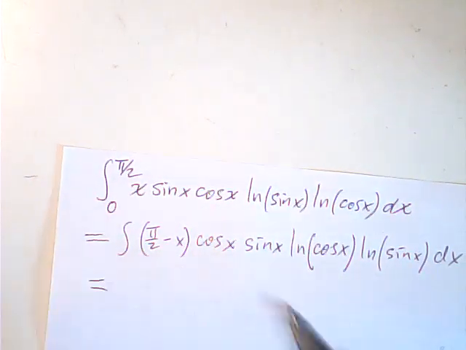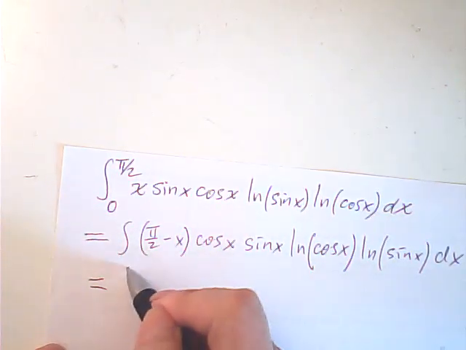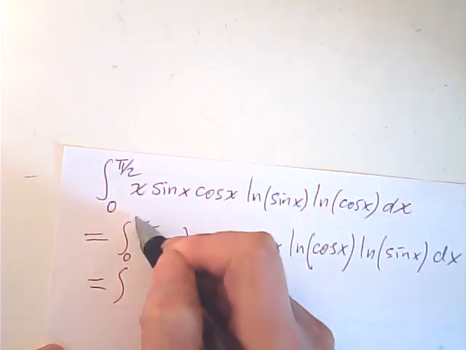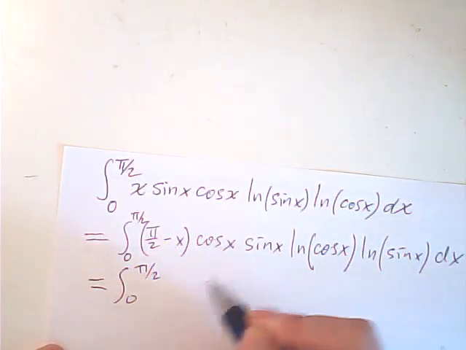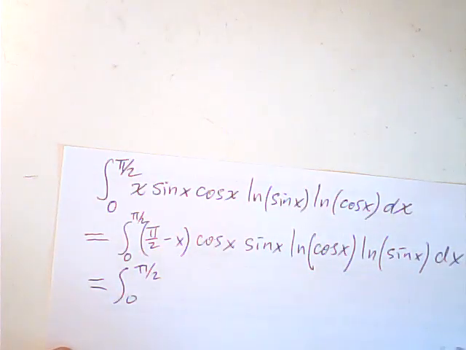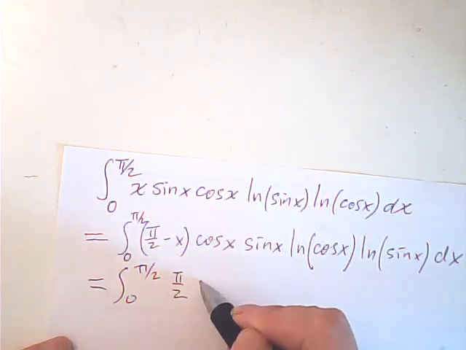So this minus that, and this minus this becomes this, from 0 to half pi, and half pi, right? Half pi.